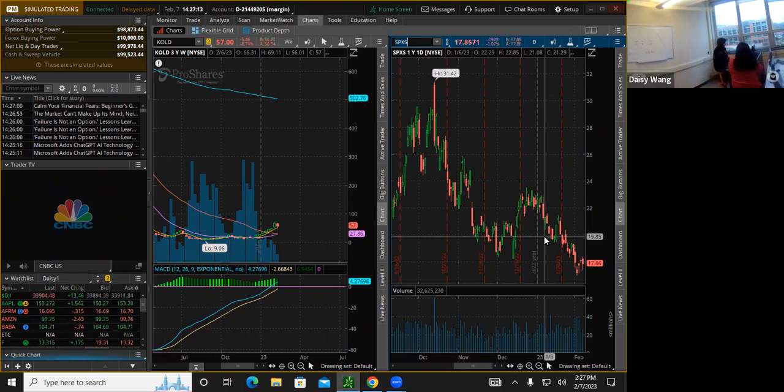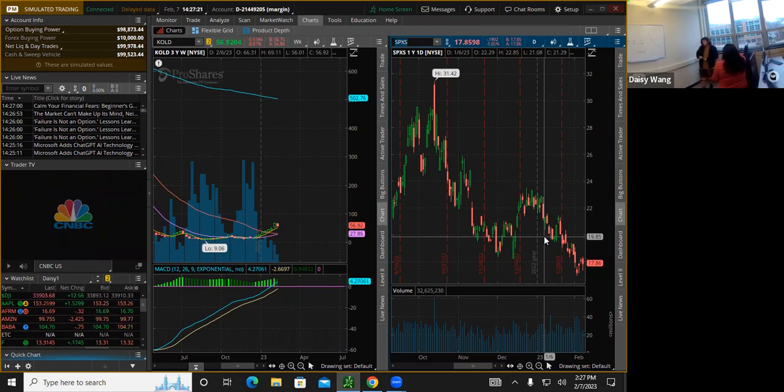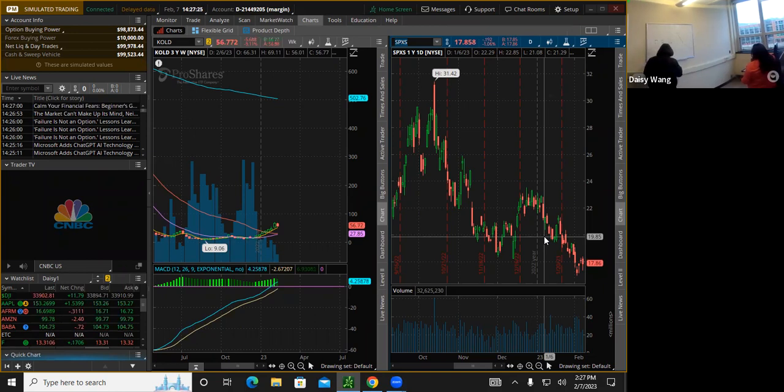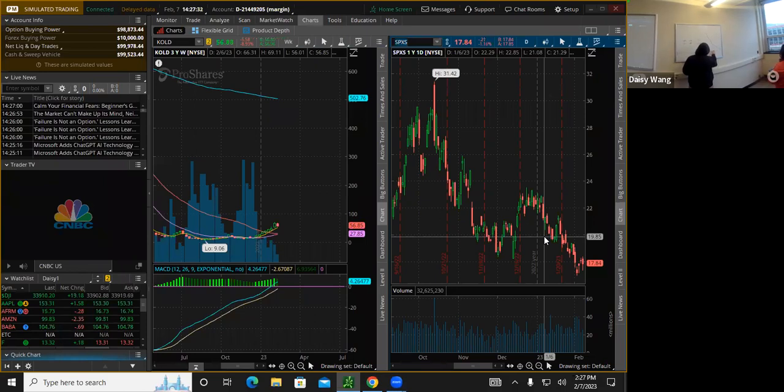I understand what he's saying. He's basically saying you just want to collect premium because you know it's going sideways. For example, let's say this is 41 on the SPY. You said 39, right?